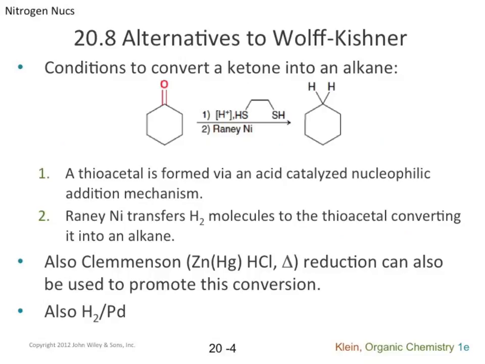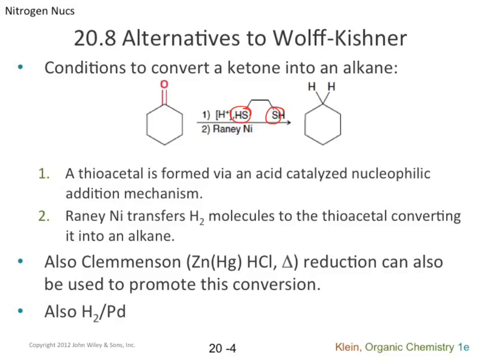So alternatives, we could go through and do a thiol reaction. Remember how we briefly talked about reacting sulfurs? In this case, we have a dithiol. The dithiol is going to react very similarly to the diol.